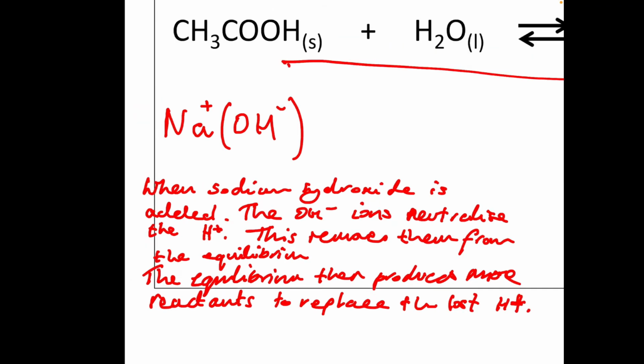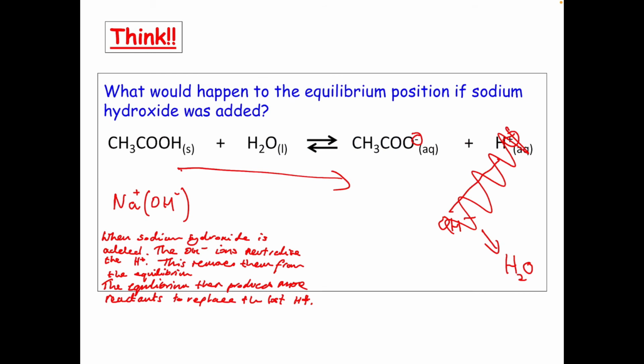So when sodium hydroxide is added, the OH- ions neutralise the H+. This removes them from the equilibrium, and the equilibrium then produces more reactants to replace the lost H+. That is what's happening here.